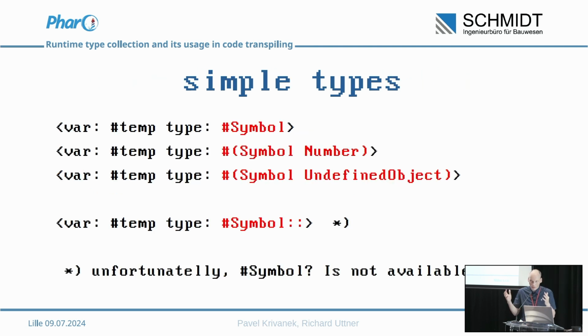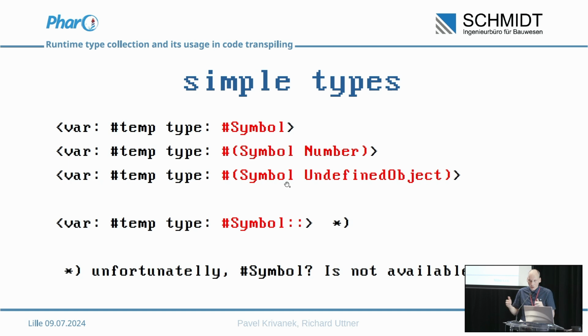If you have simple types, like a variable that can hold only one class, then you may simply use the symbol name for that. If it can hold multiple classes, then you can use an array of class names. Of course, it applies to subclasses as well.